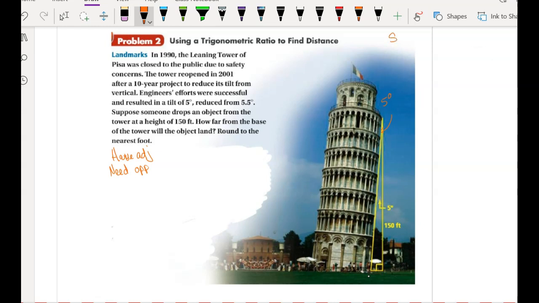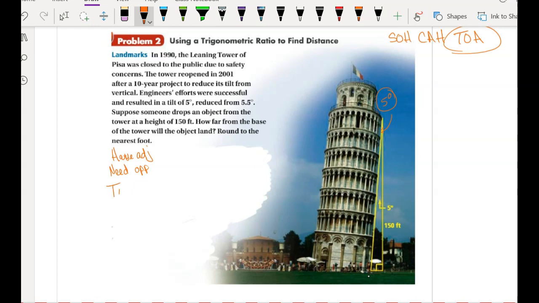Now, adjacent and opposite. Let's write down our SOH CAH TOA. Which one of these deals with opposite and adjacent? Tangent. So in this case, I actually have a number.